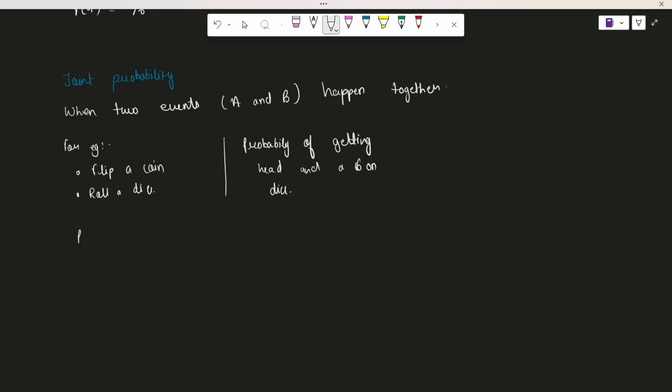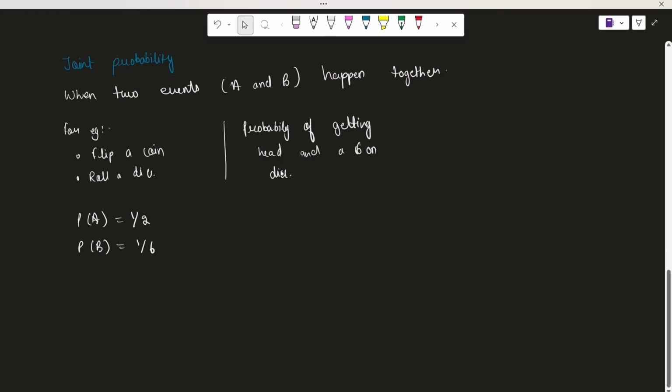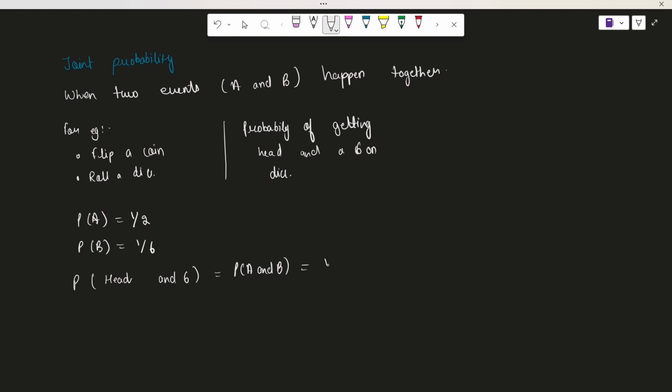We know the probability of getting a head, let's call it A, is 1 by 2, and the probability of getting a 6 on the dice is 1 by 6. As it is joint probability, we have to consider these two events together. So we write the probability of heads and the probability of getting 6, or we can also write P of A and B, which equals 1 by 2 multiplied by 1 by 6.